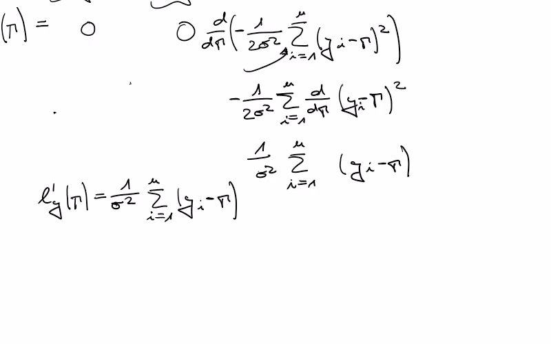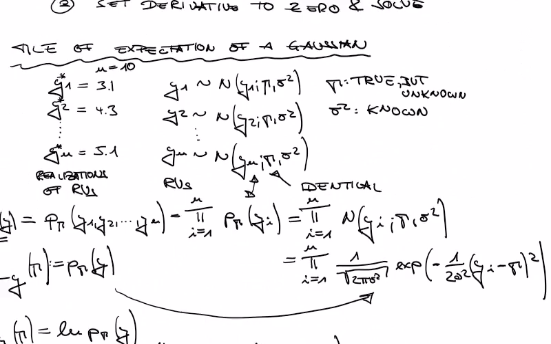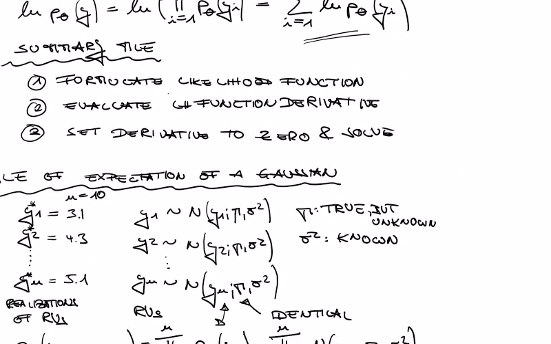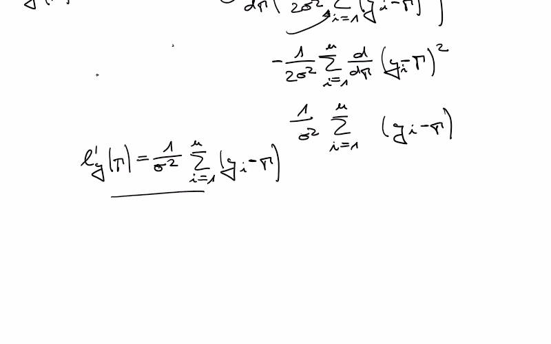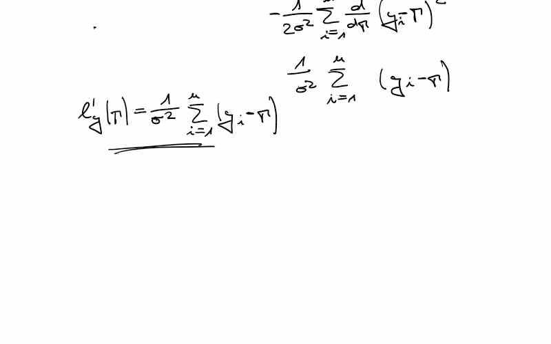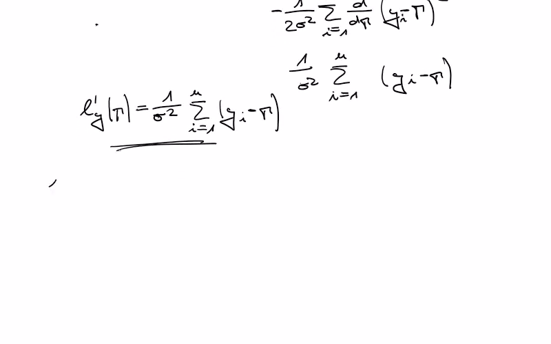So now we finished the second step of the procedure. We evaluated the derivative of the log likelihood function. And then the last step in this scenario is that we have to set the derivative to 0 and solve for our maximum point.